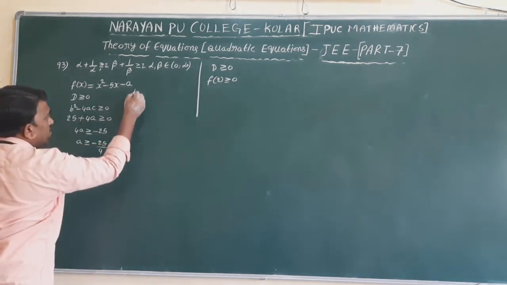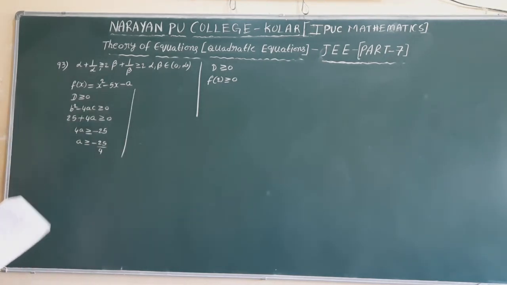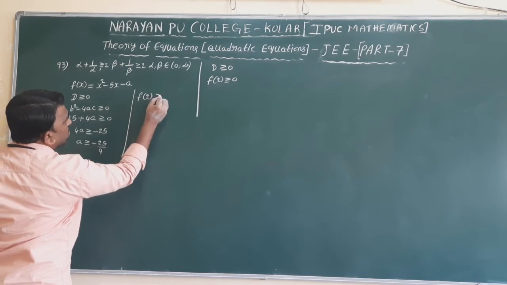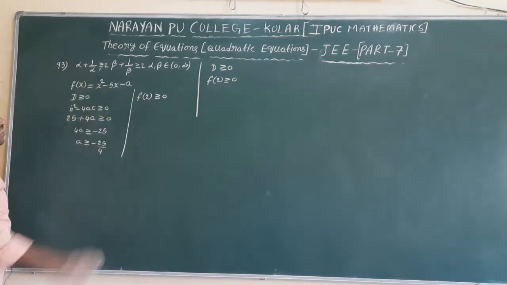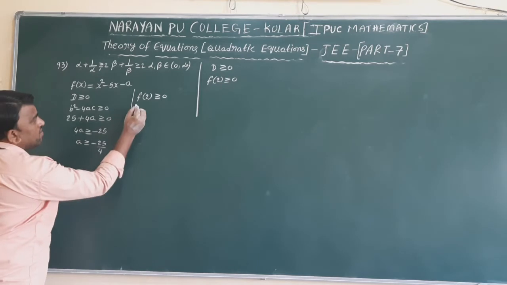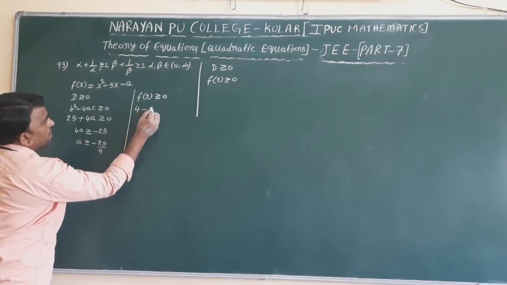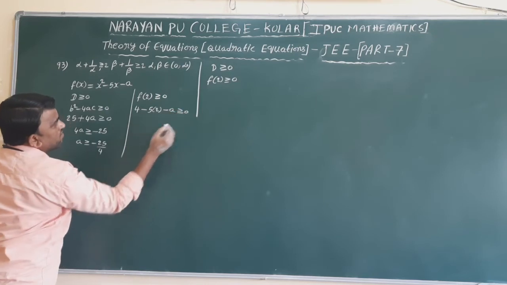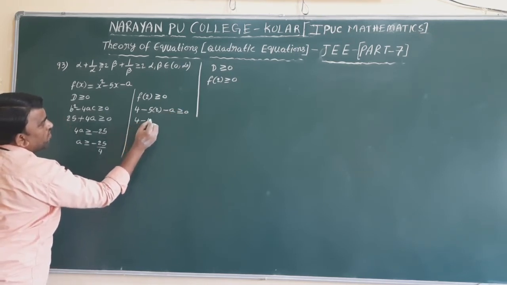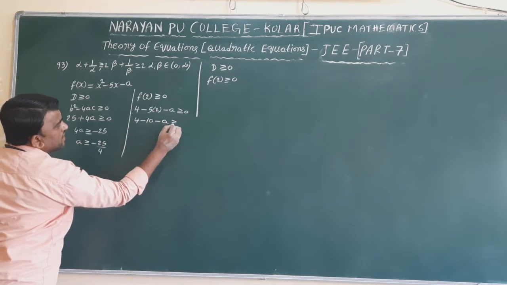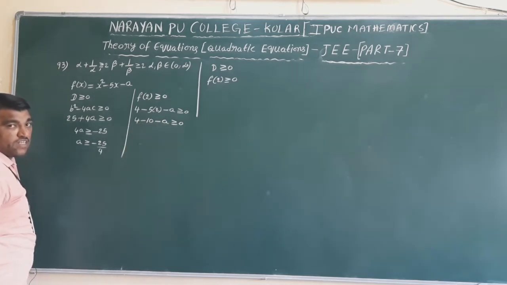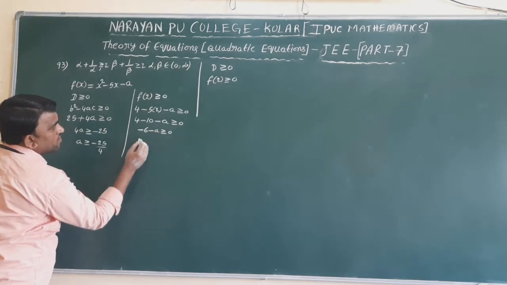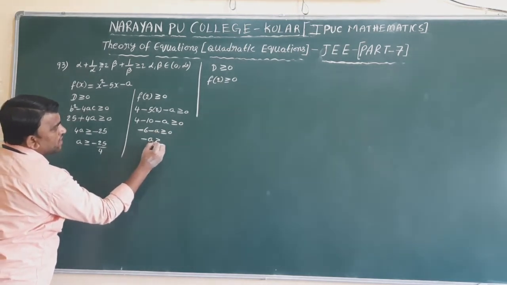Another one, f of 2 is greater than or equal to 0 because both roots are more than 2. Wherever x is there, substitute 2. 4 minus 5 into 2 minus a is greater than or equal to 0. 4 minus 10 minus a is greater than or equal to 0. 4 minus 10 is minus 6. Minus 6 minus a is greater than or equal to 0. Minus a is greater than or equal to 6.